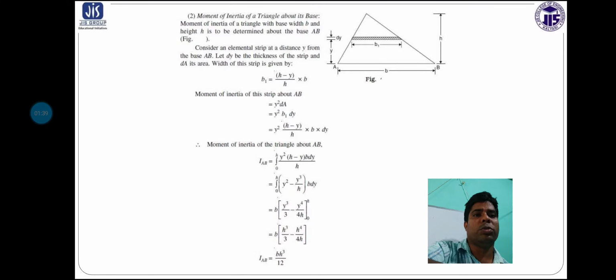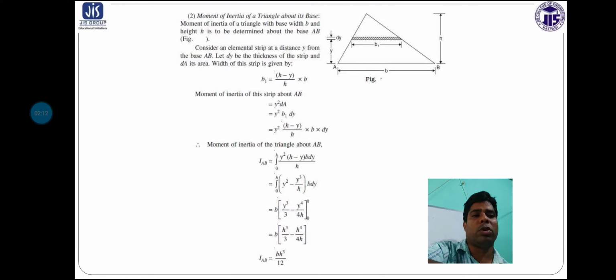So the width of the strip is b1 equal to (h minus y) by h into B. The moment of inertia about AB is equal to y squared dA, and dA means b1 into dy. Now putting the value of b1, y squared into (h minus y) by h into B into dy.